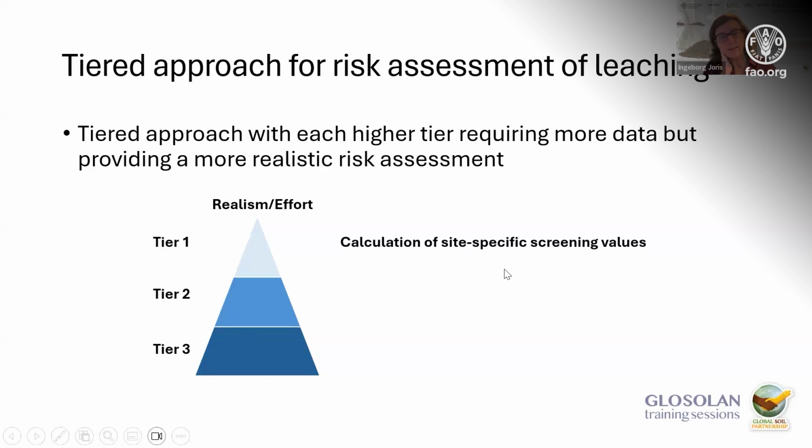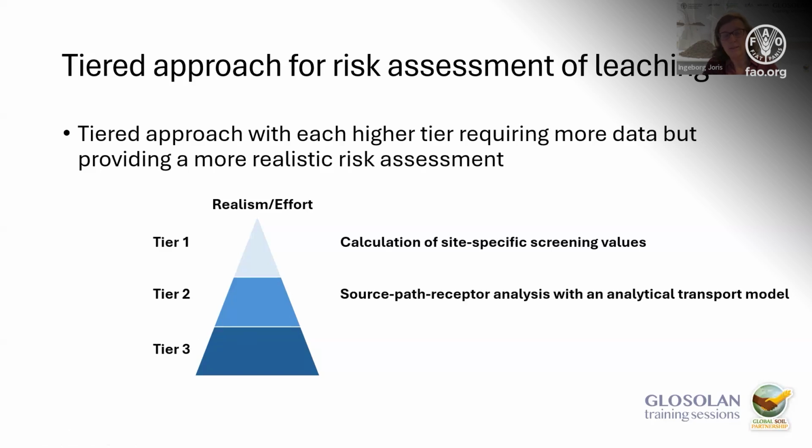The first tier is a calculation of a screening value. You don't need a lot of data for this, and it can already tell you if there's no risk, then you're safe. The second tier is a source path receptor analysis, where you will use a model, but it's an analytical model, so it's not too complex. And the last tier is an impact analysis with specific numerical models.